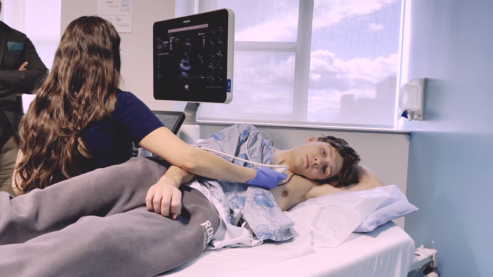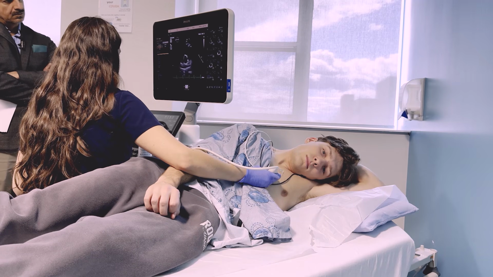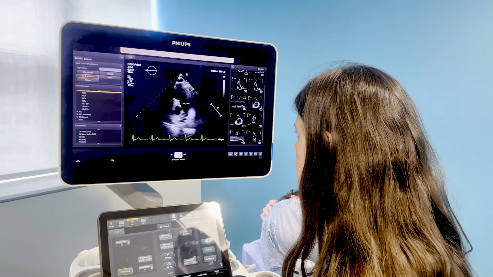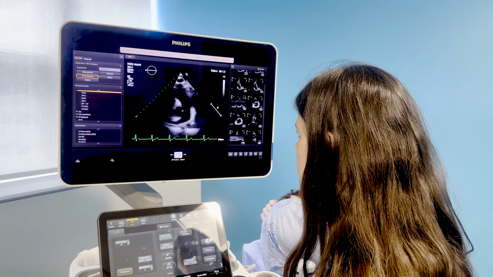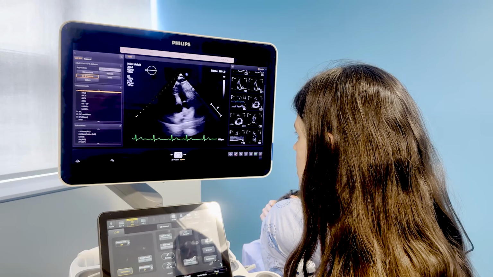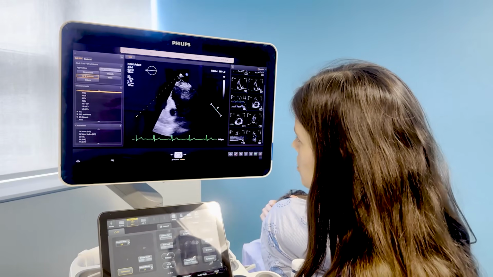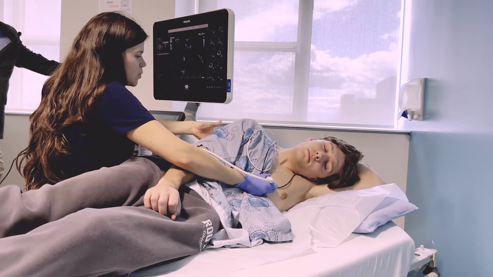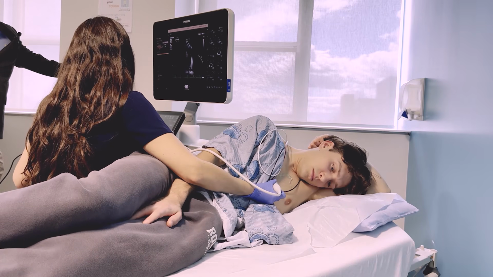So I've come a little bit more medial actually, and I've angled a little bit superiorly. I'm just trying to really visualize the pulmonic valve and the pulmonary artery nicely. See those branch views coming in. If you lean forward even more, that's brilliant.